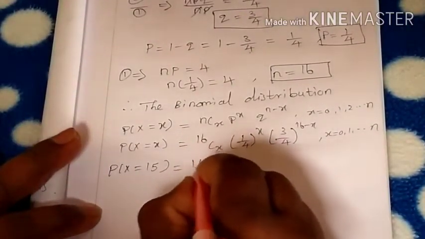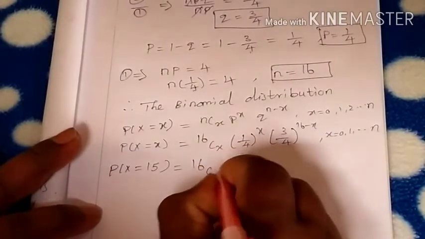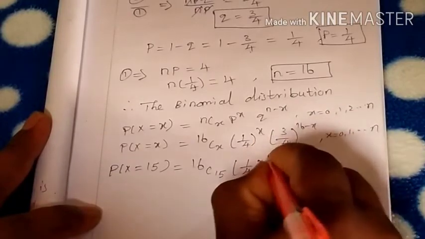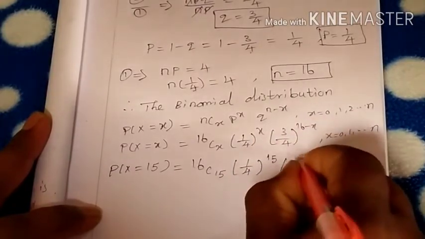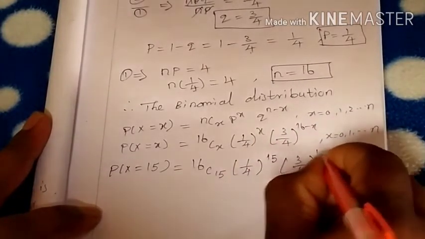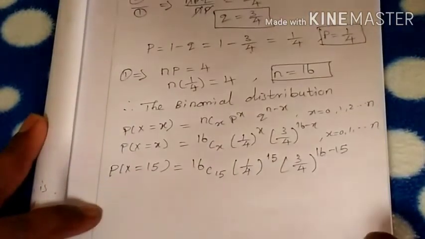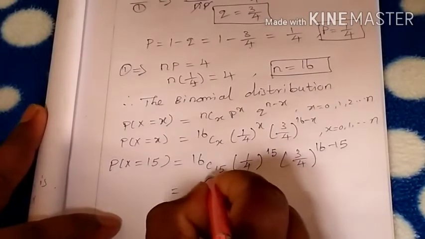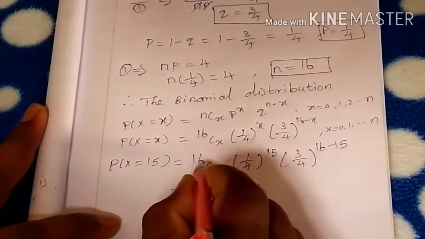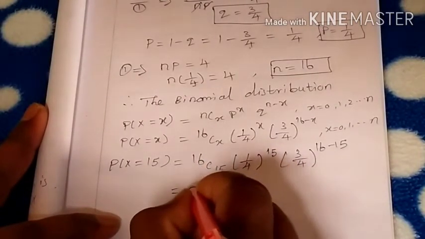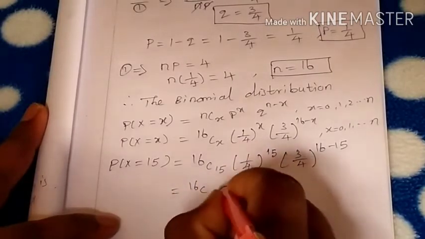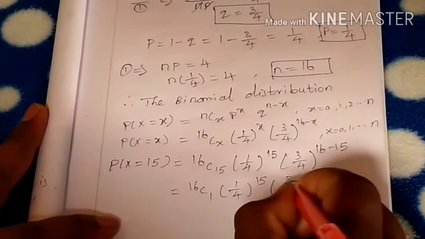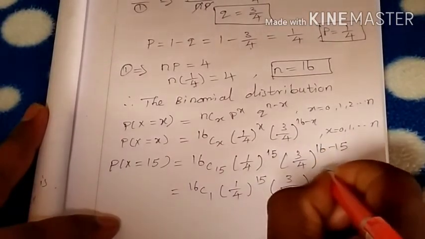So replacing x value, 16C15, 1 by 4 power 15, then 3 by 4 power 16 minus 15.